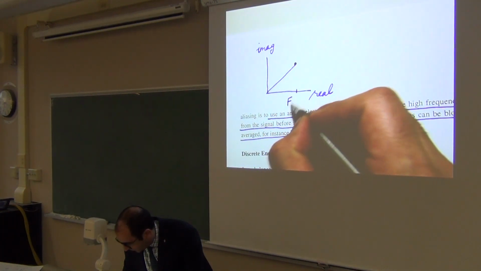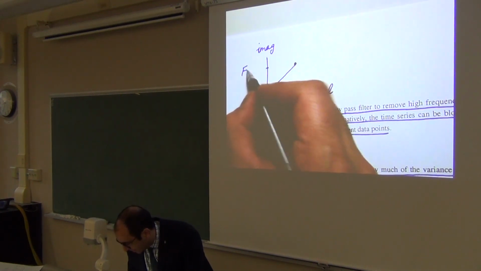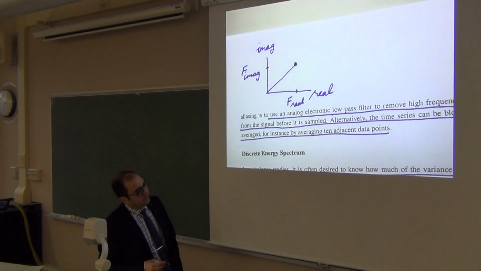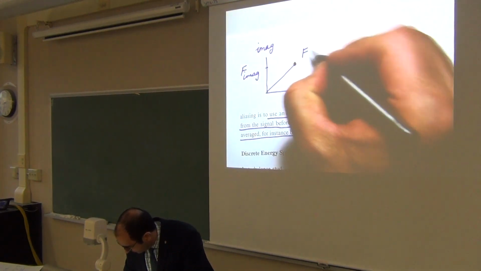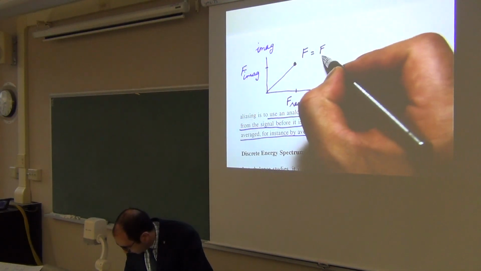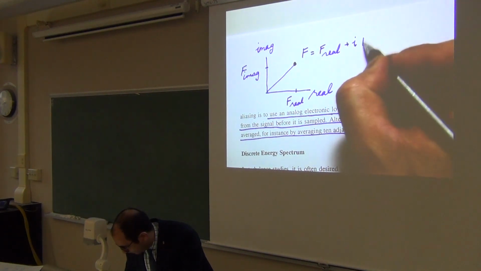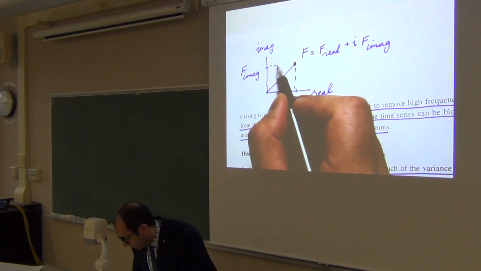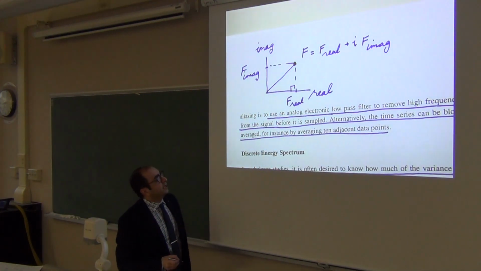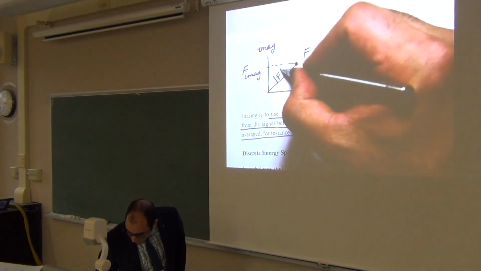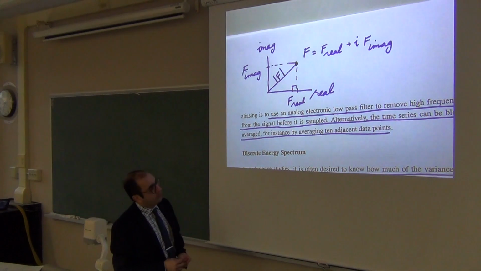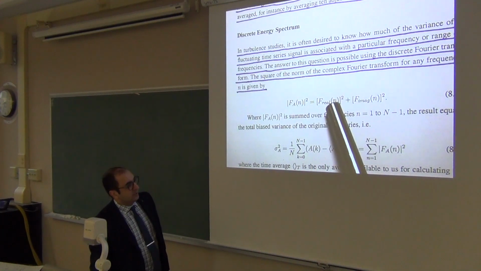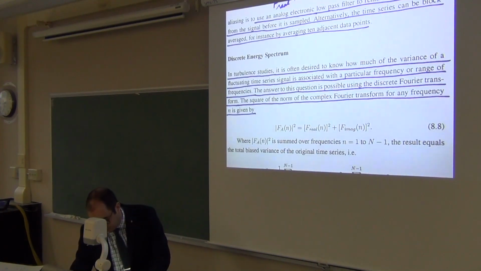So this could be f real, this could be f imaginary. So the complex number is actually here in the two-dimensional plane, and the magnitude of it is given by the Pythagorean law, because I have a right triangle here and I can calculate the magnitude. So this is the magnitude of the complex number f. And that's what we're doing here when we say norm squared: magnitude squared is the sum of the squares of the components. That's what we mean.